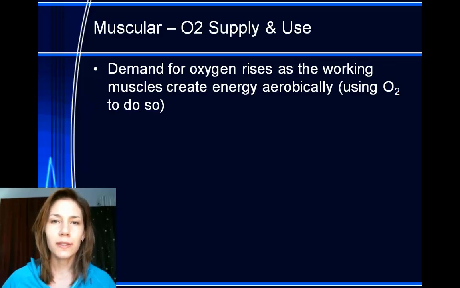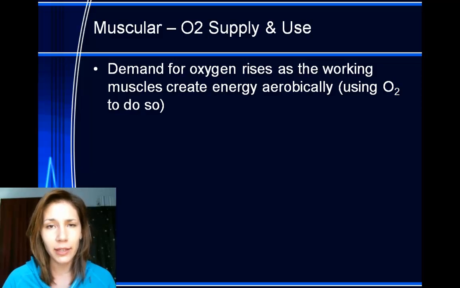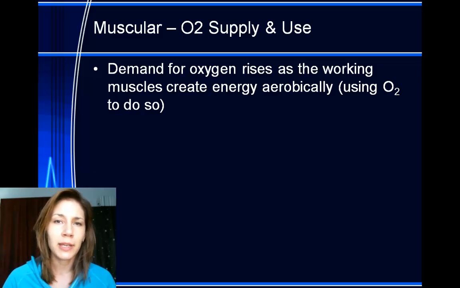O2 supply and use is also a big one, where your muscles will only be able to create energy with oxygen if you're doing an endurance sort of activity. When you exercise for an intense short period of time, maybe 10 seconds or less, you can get away with just using ATP and PC.